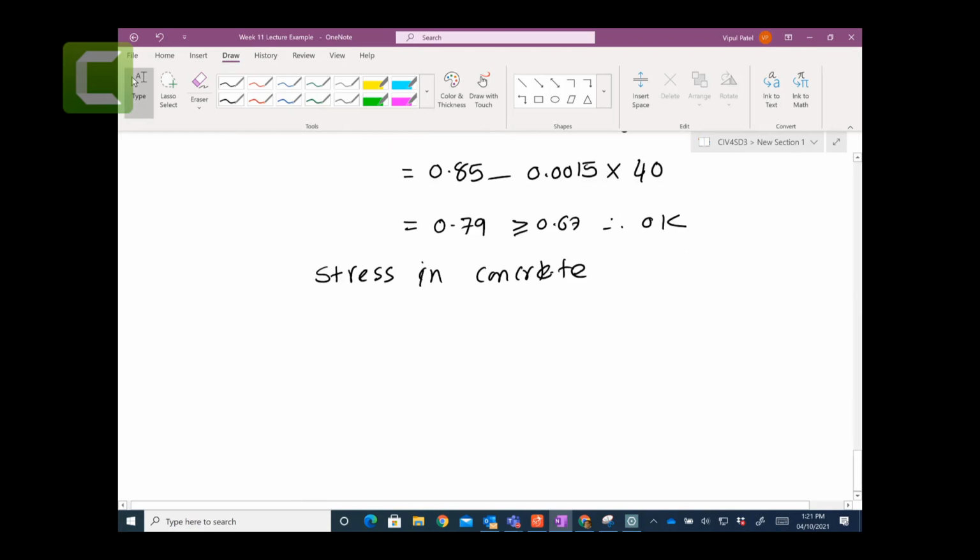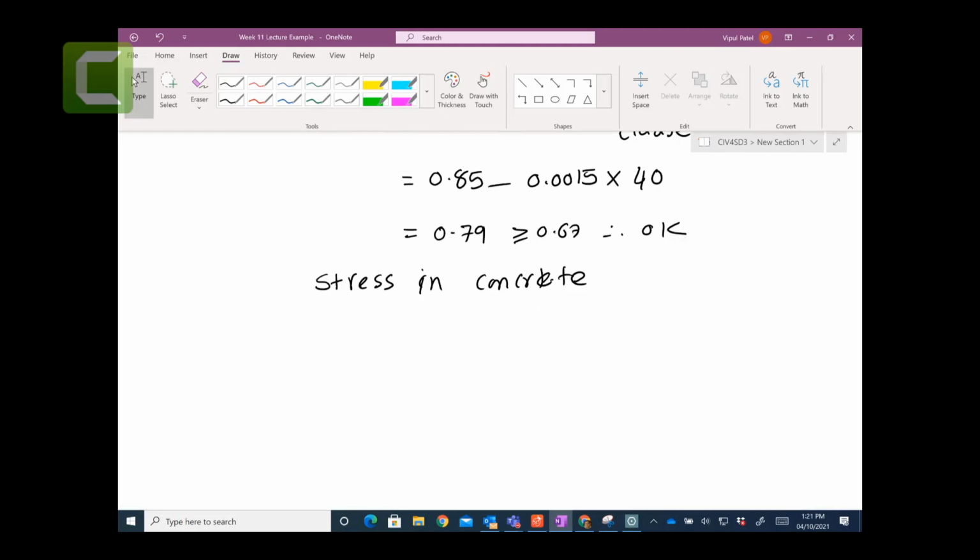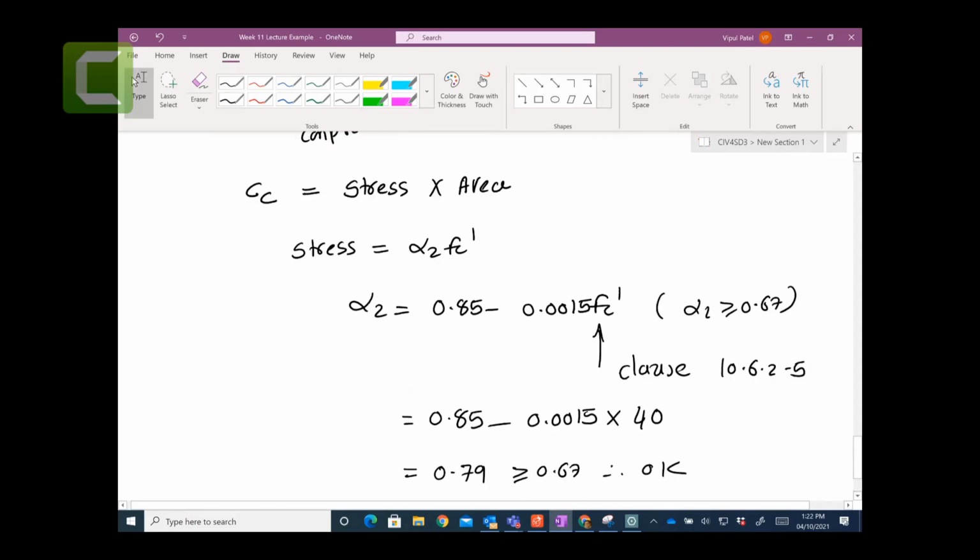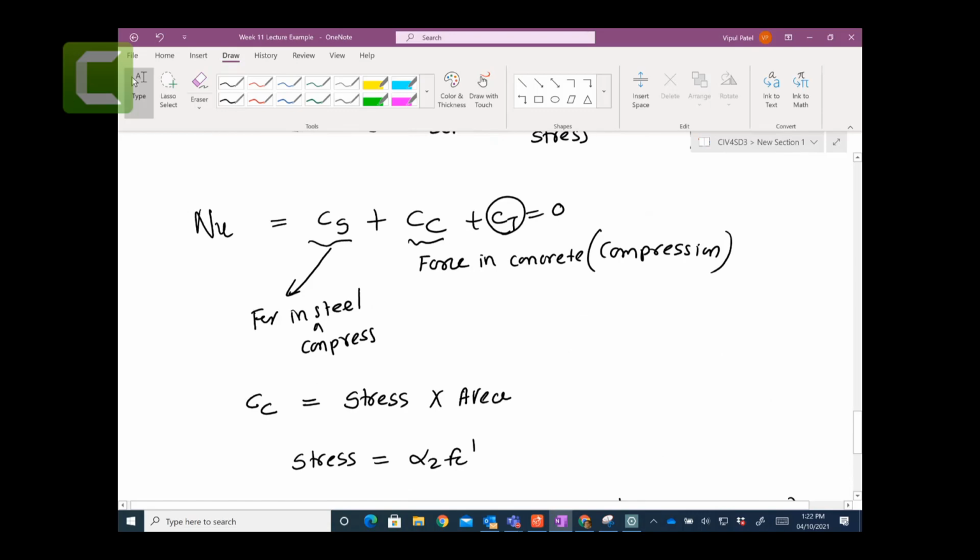So the stress in the concrete is alpha 2, 0.79, times 40, and you get 31.6 megapascals. That is the stress in the concrete.